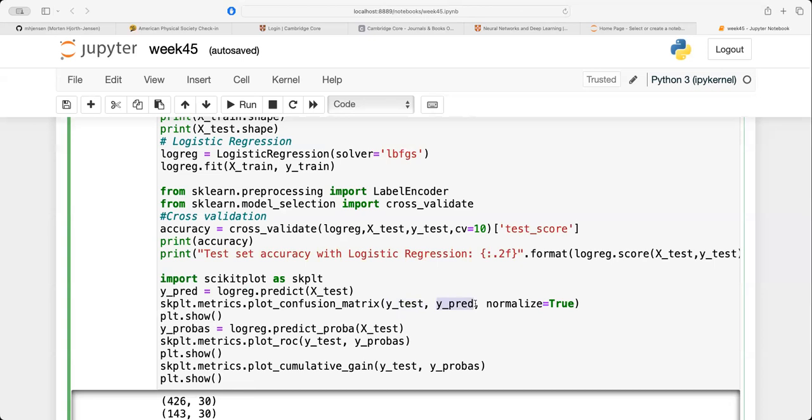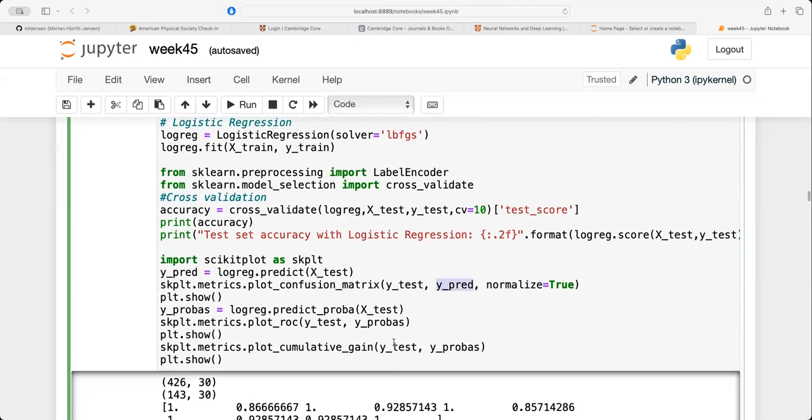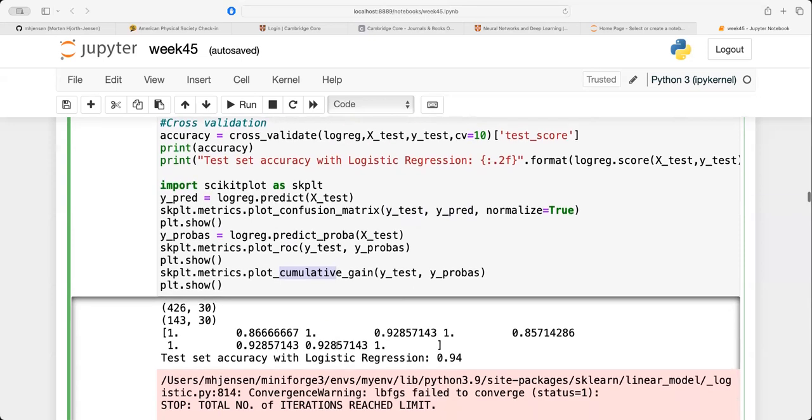And that's it. If you want to plot the ROC curve, you would then simply call this function, and then you can do the same thing with the cumulative gain. So these are very straightforward and simple implementations of another way to visualize the data.